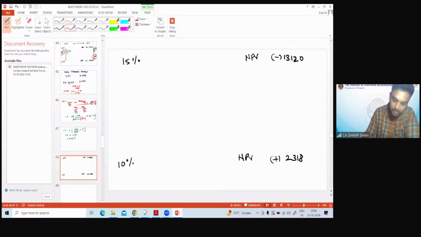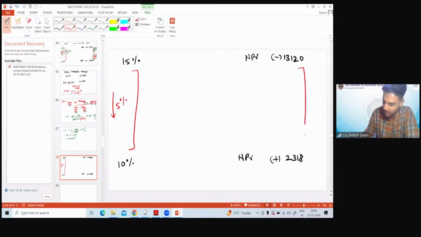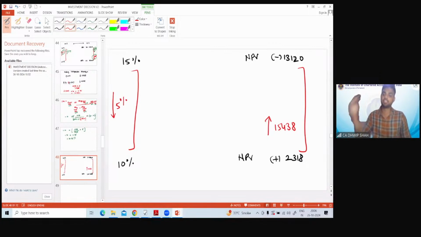The logic remains still the same. Now I am decreasing the rate. By decreasing the rate by 5%, my NPV increased by 15,438. Yes or no? From negative 13,120 till positive 2318. So can I say my NPV in this case increased by 15,438?